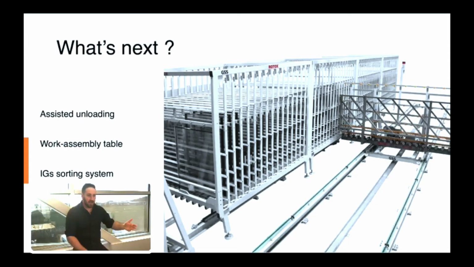You're going to be loading racks, but you could also create a whole chain after the corner cleaner, where the exit table would drag the material to assembly tables, where workers would be waiting for the next part to come in front of them to do their work. There are also a lot of technologies on tables to assist with screwing and things like that.